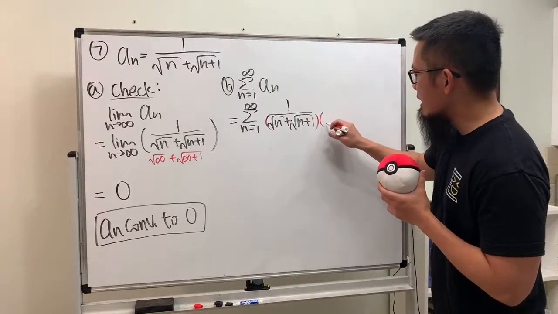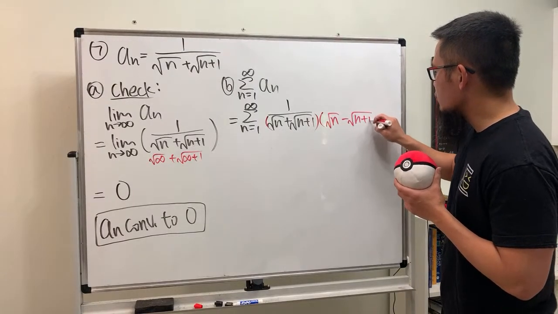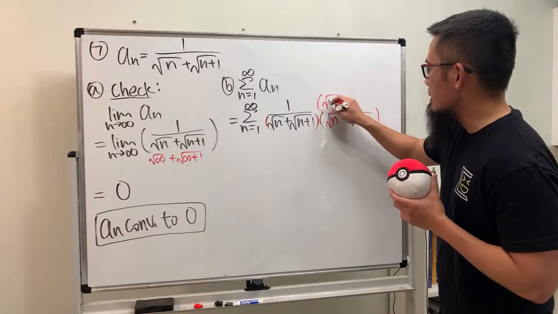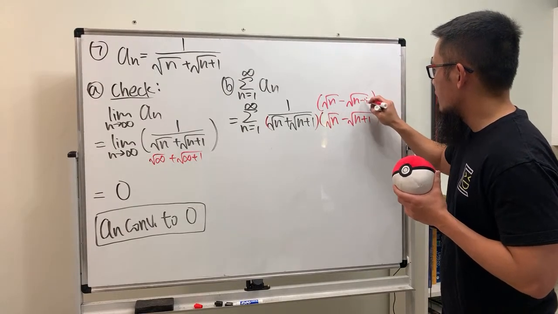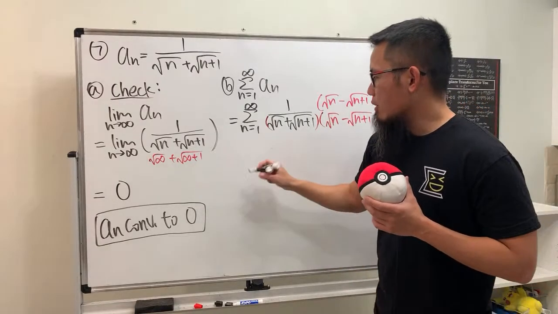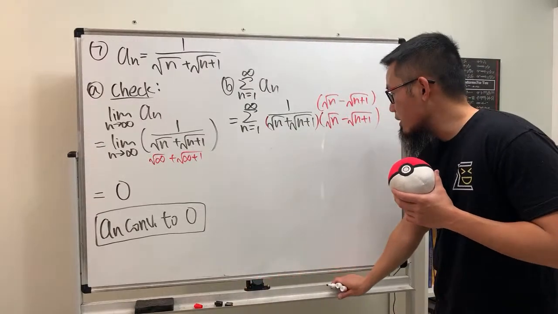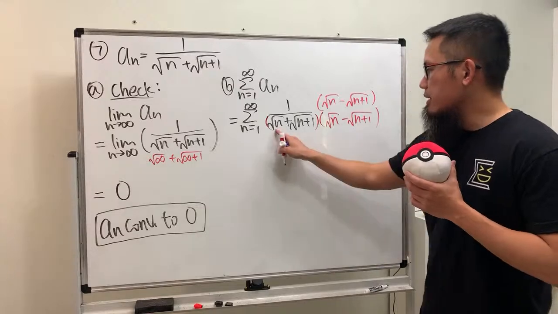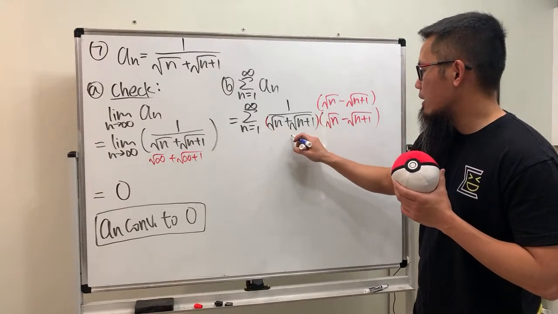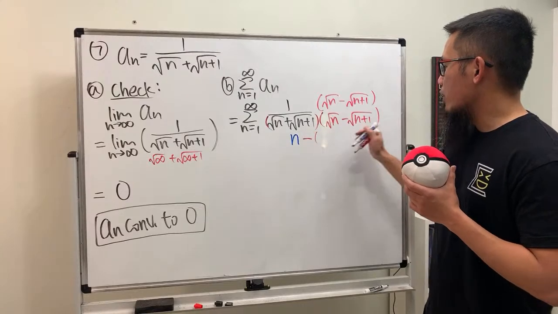Therefore, let me multiply the top and bottom by square root of n minus square root of n plus 1, and then let's do the same thing on the top as well. Now, check this out. When we multiply out the bottom, this becomes just this thing squared, which is n, minus this thing squared, which is n plus 1.